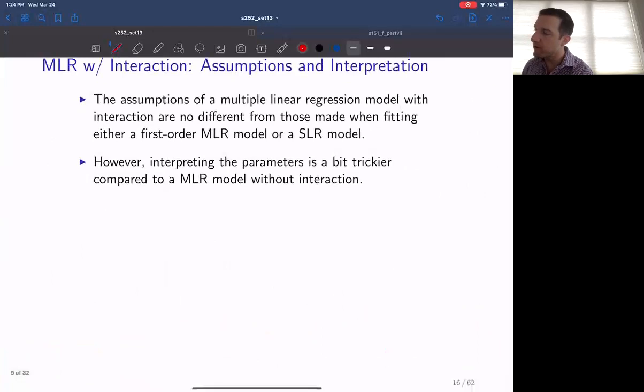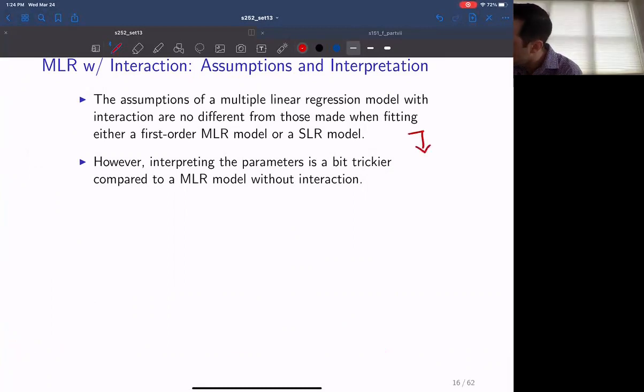Okay, now the assumptions of this fitted model are the same as they were for the first order MLR, so the model we started off this lecture set with, or even the simple linear regression model, except that we're just looking for a linear relationship between y and each explanatory variable. Now, with that being said, even though we have an interaction term here, we don't need to explore the linear relationship between y and the interaction. We just have to explore it between y and each explanatory variable.